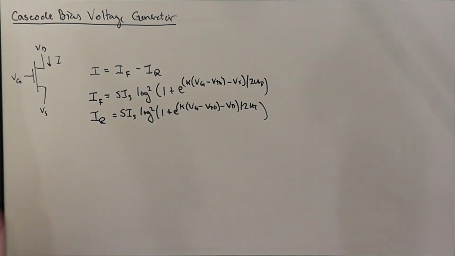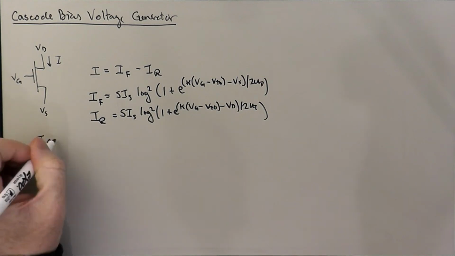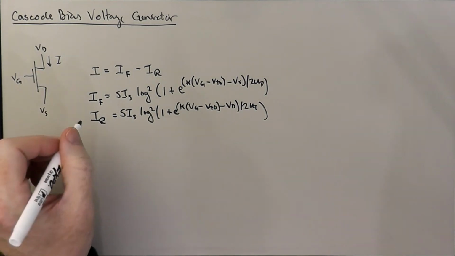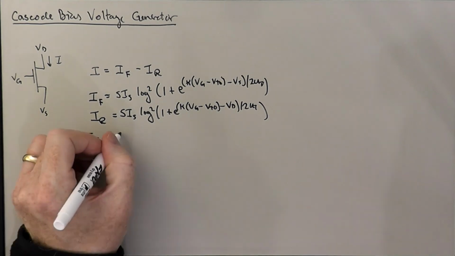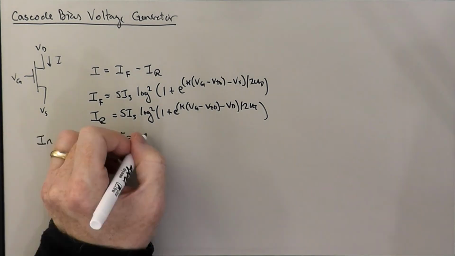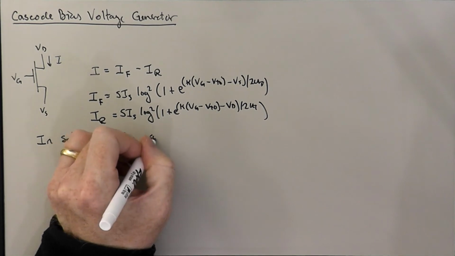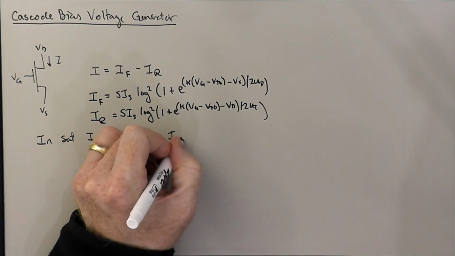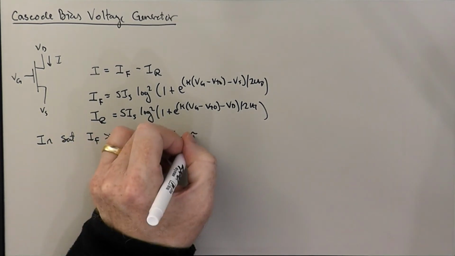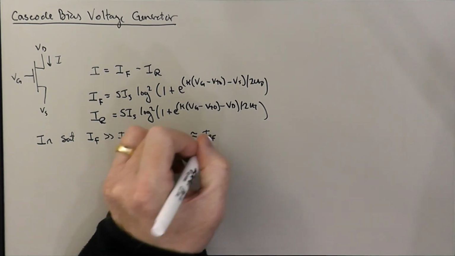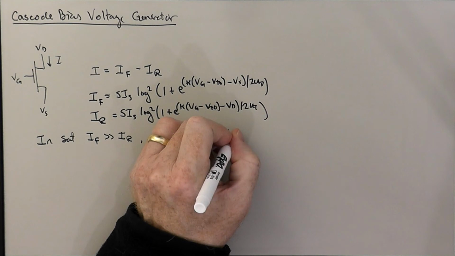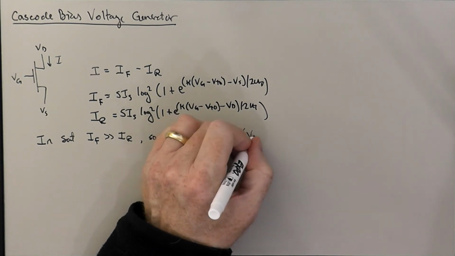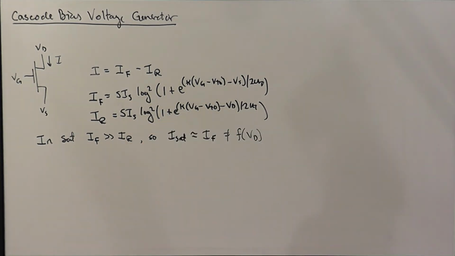And in saturation, we have this notion that IF is much bigger than IR. So ISAT is basically approximately just equal to IF, and it's independent of VD.